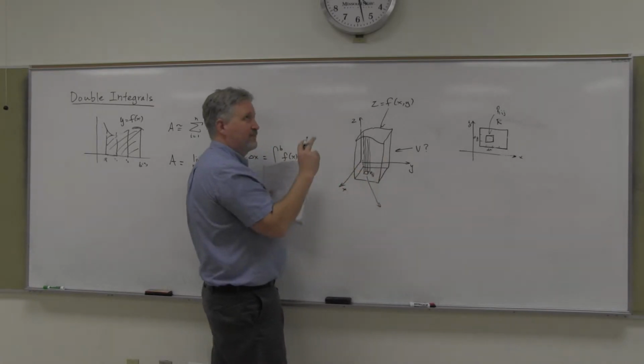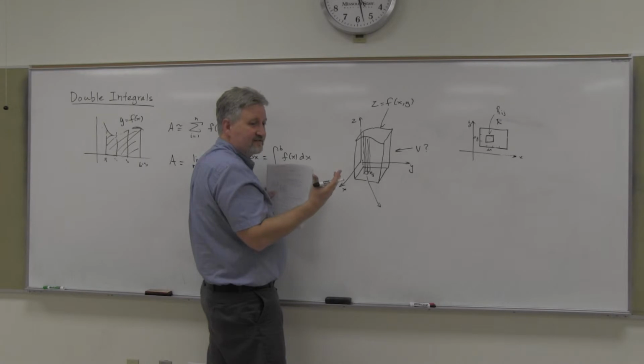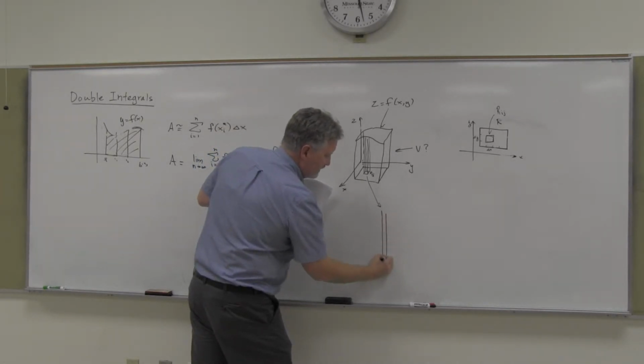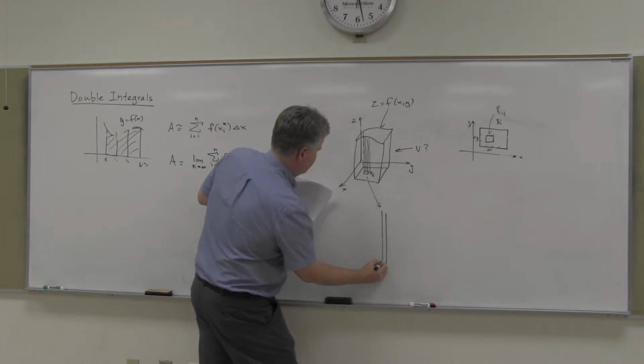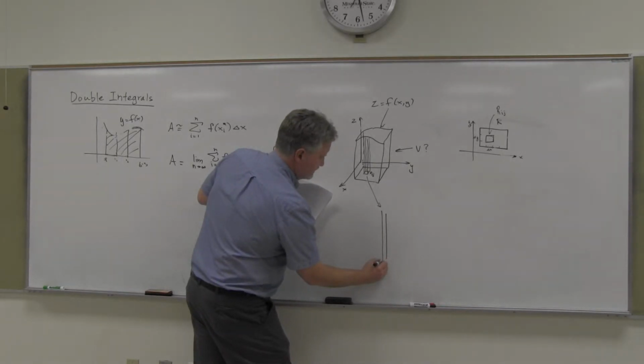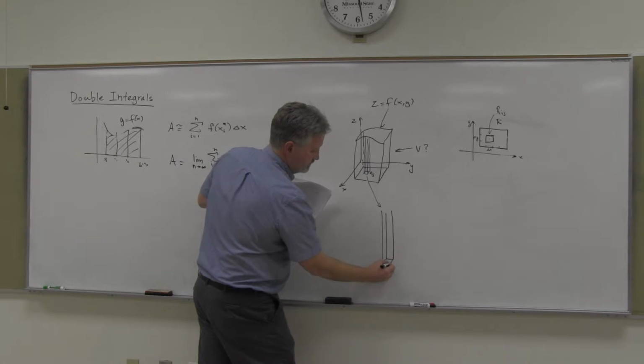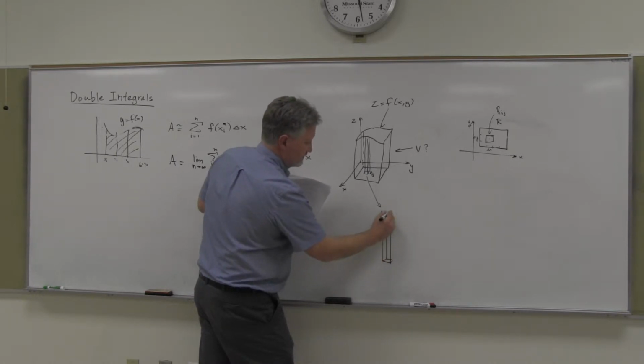All right, but each one of these, this Rij, what that sets up is just a thin rectangular box. It's what you wind up with here. Let's put this up here.